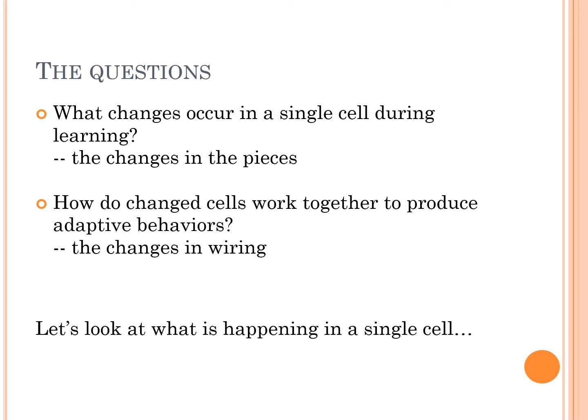So I haven't really distinguished those questions yet, and we're going to come back to distinguishing those questions. We're going to first start by looking at what's happening in a single cell, but we're also going to see the changes in the synapse, and so the changes in the wiring as well.